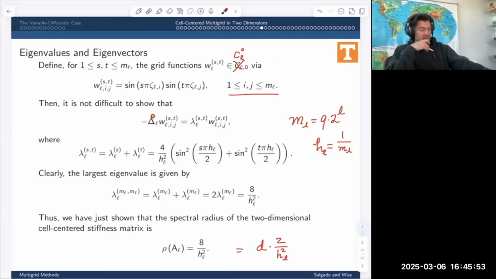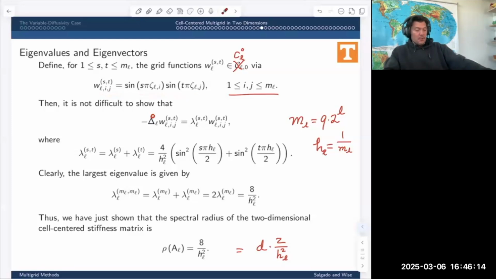Right, okay, so that takes care of the eigenvalues and the eigenvectors. Those are our eigenvectors and these are our eigenvalues. Now you might object to that, is that this function here isn't a vector.